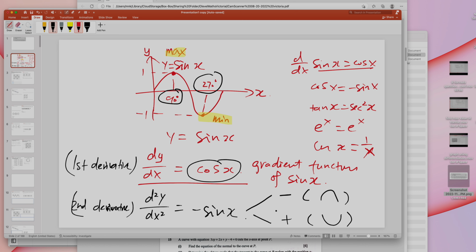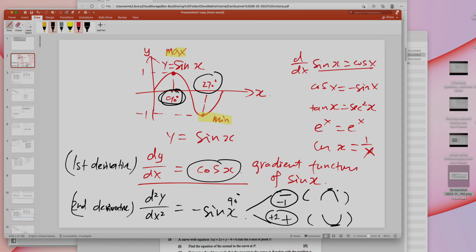So just sub in the value. Let's say you sub in 90 degrees. What do you get? Negative sine, a negative value, -1. So -1 is negative, therefore it's a max. For 270, it's positive, so it's +1. So it's a minimum.